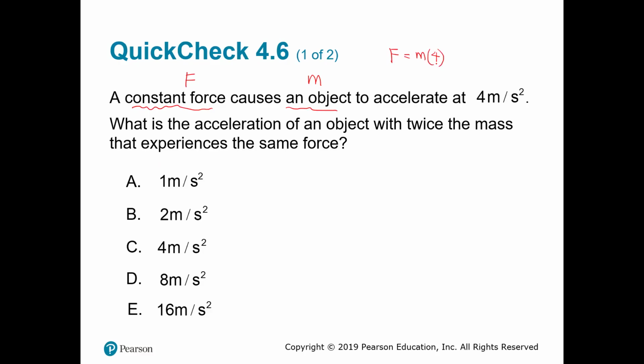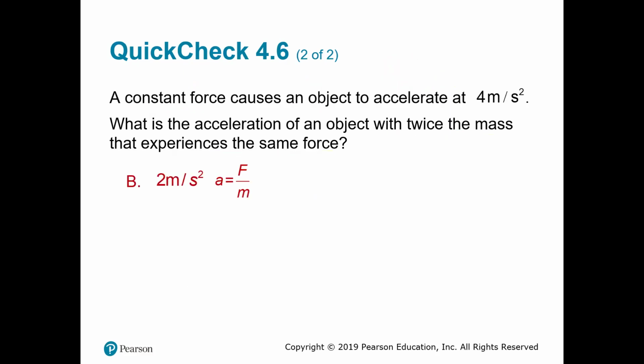And then the question is, what is the acceleration of the object with twice the mass that experiences the same force? So the second case is you have the same force, but now your mass is 2 times, and what is your acceleration? Then your acceleration must be half of it, right? So the answer is B.